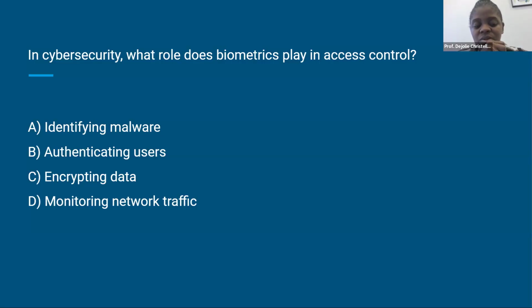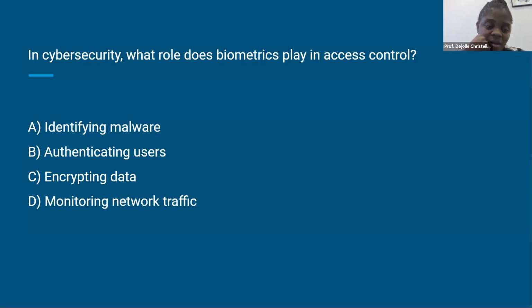So encrypting data is just making sure the data is secure. To encrypt is to cover the data, or put it in a format that no one can read except the authorized user. Now, authenticating users is when someone wants to access a system, and we have to authenticate them. We have to check the username that they provided when they were registering, and the password.